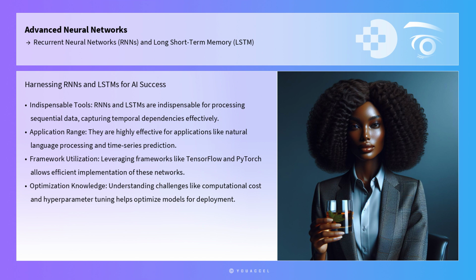Moreover, understanding the challenges associated with RNNs and LSTMs, such as computational cost and hyperparameter tuning, equips practitioners with the knowledge to optimize models for real-world deployment. Through practical examples, case studies, and actionable insights, this lesson provides a comprehensive understanding of how to harness the power of RNNs and LSTMs to tackle complex AI challenges and enhance proficiency in the field.